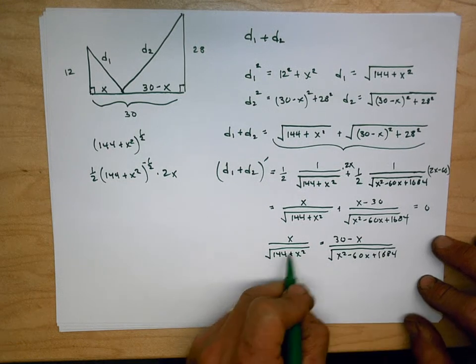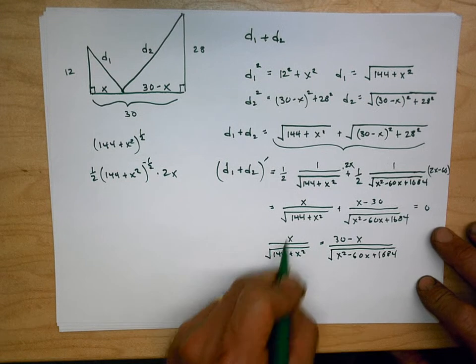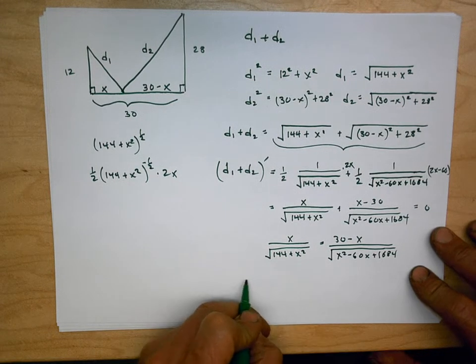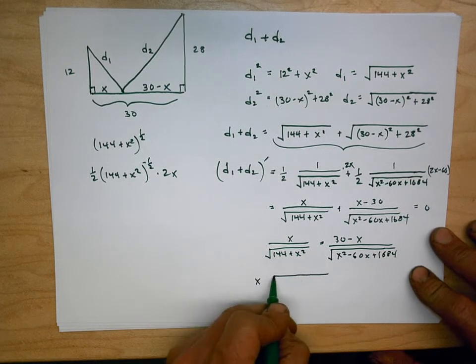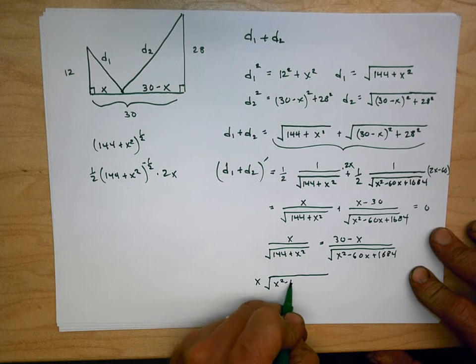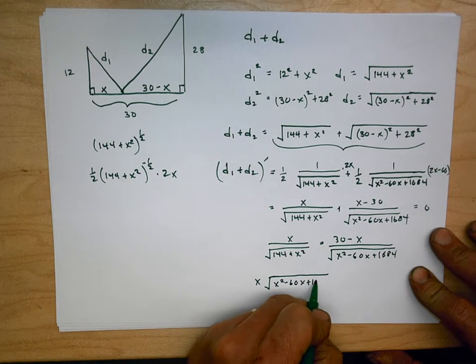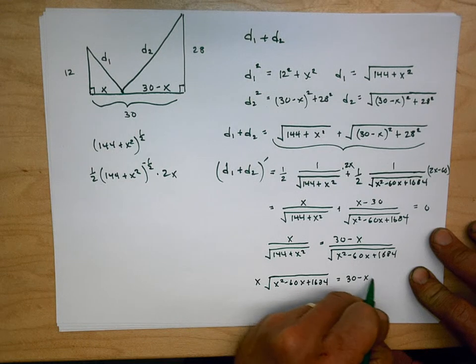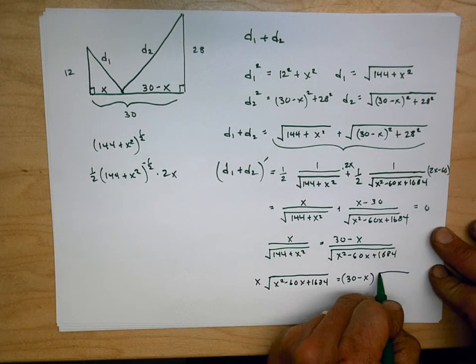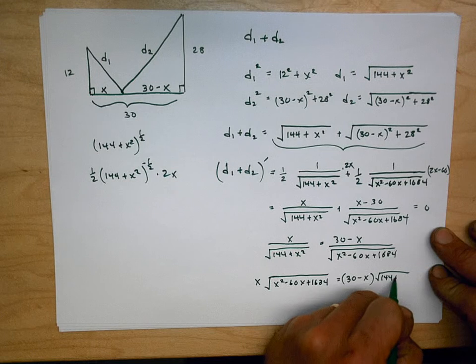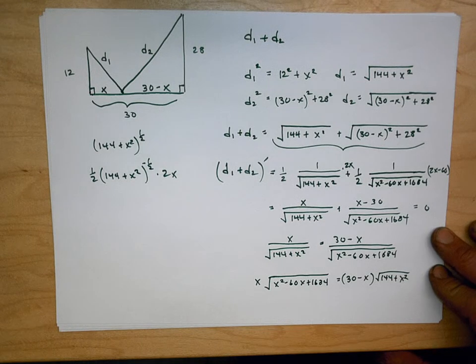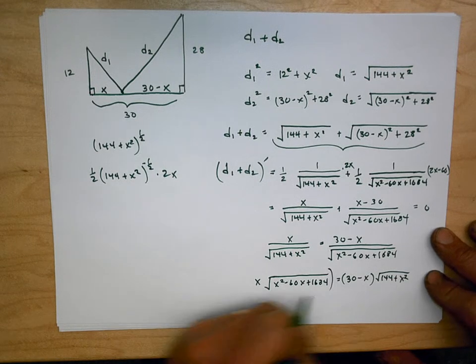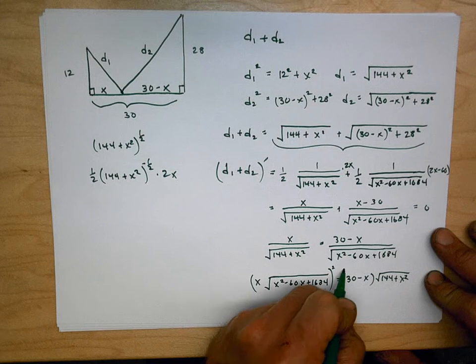I have this ratio I can cross multiply, so that gives me x times the square root of x squared minus 60x plus 1684 equals 30 minus x times the square root of 144 plus x squared. Now at this point, to get rid of those radicals, I'm going to square both sides.